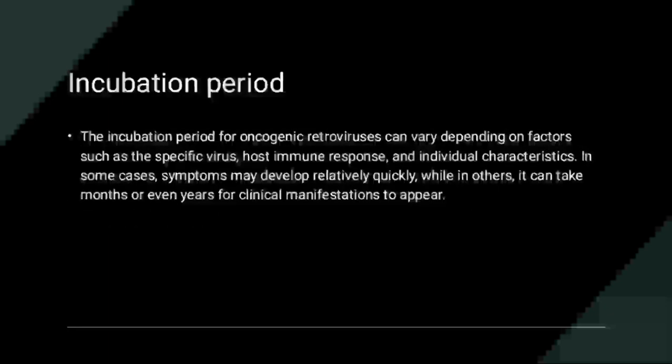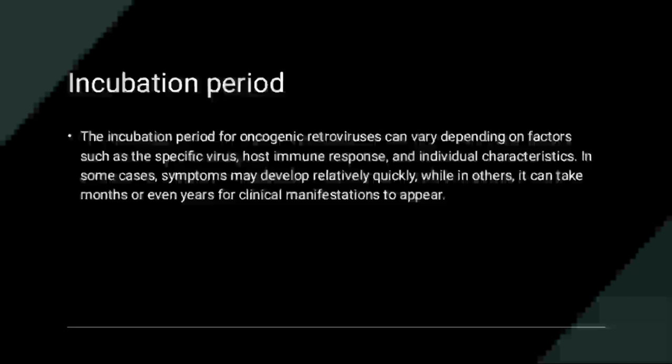Next, incubation period. The incubation period is the time between exposure to a pathogen and the first symptoms appearing. The incubation period for oncogenic retroviruses can vary depending on factors such as the specific virus, host immune response, and individual characteristics.